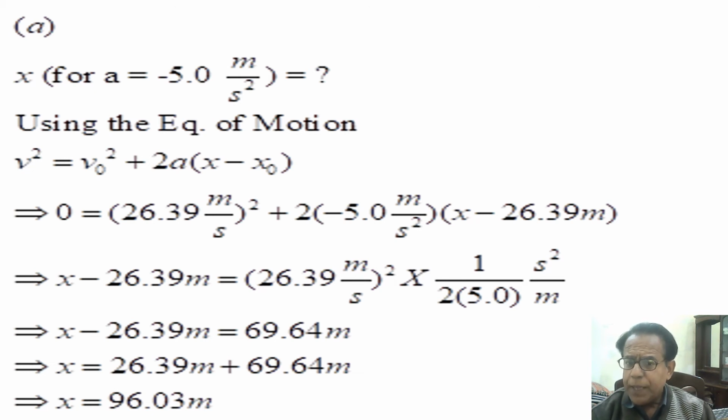This implies that x minus 26.39 meter becomes equal to 69.64 meter, and hence x will become equal to 26.39 meter, which goes to the other side of equality with a plus sign, plus 69.64 meter.